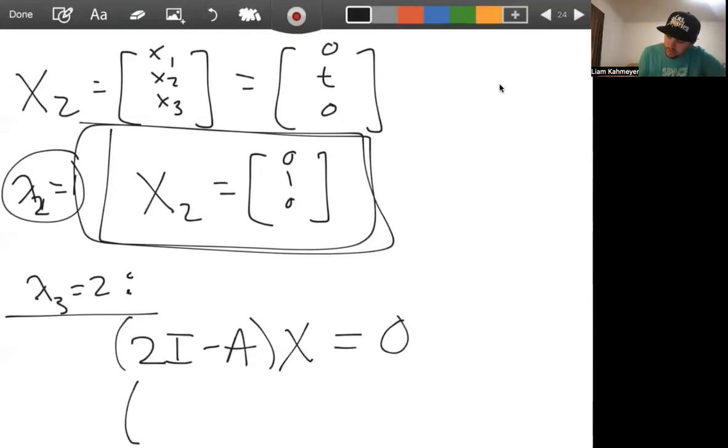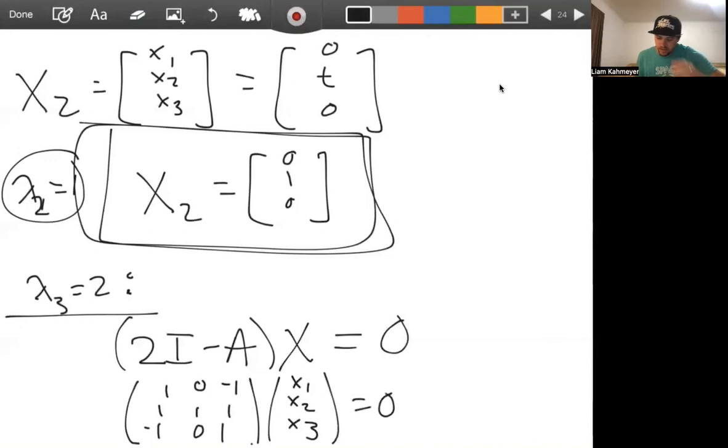Well, it's going to be the same thing, but with 1s along the diagonal instead of 0s, because you're plugging in 2 for lambda. So 1, 0, -1, 1, 1, 1, -1, 0, 1 times x1, x2, x3 equals 0 here.